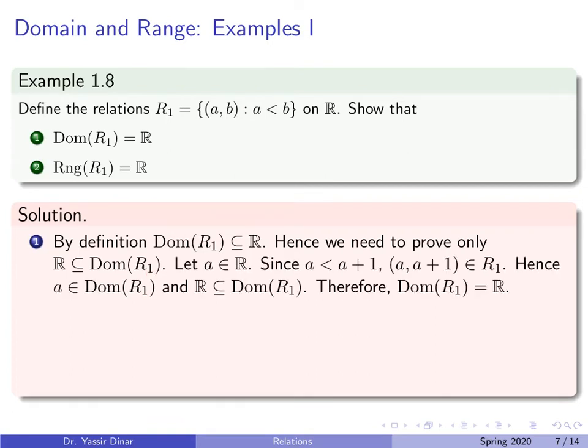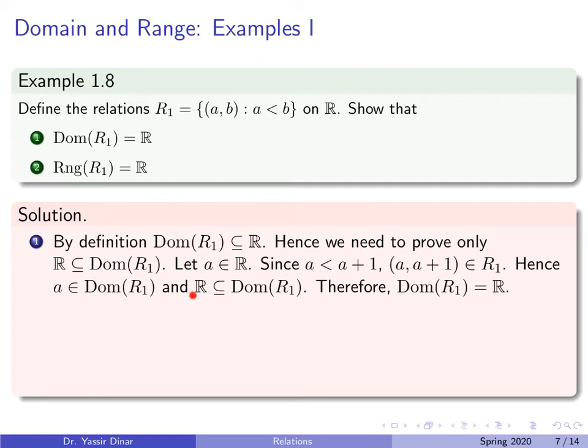So I assume that A is a real number, and then I need to find some pair where A is the first entry, and simply I choose that A is always less than A plus 1. So this pair A and A plus 1 will be in my relation R1, and that means this entry A is in the domain of R1.